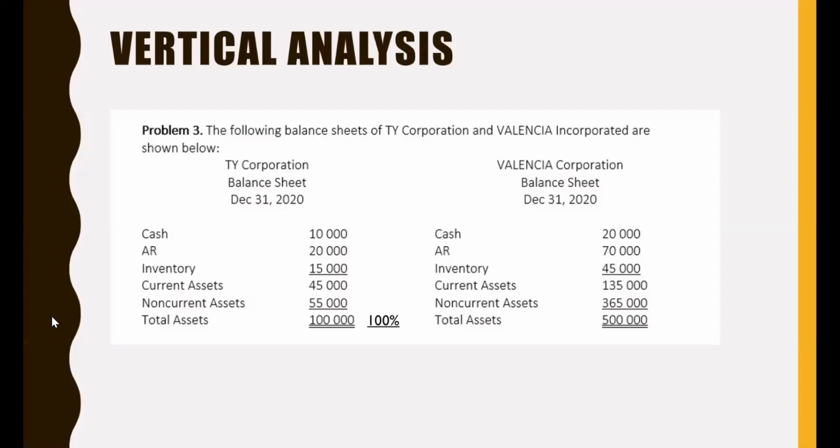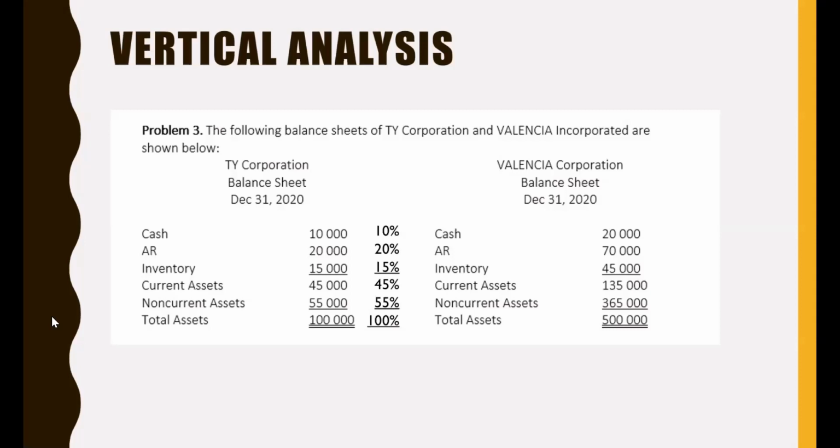So that is 10,000 divided by 100,000, which gives us 10%. It means that the cash is 10% of the total assets. For AR, we have 20%. For inventory, 15%. Current assets, 45%, and then non-current assets, 55%.